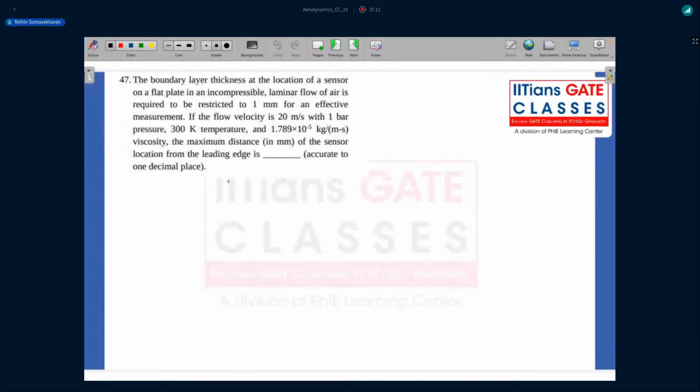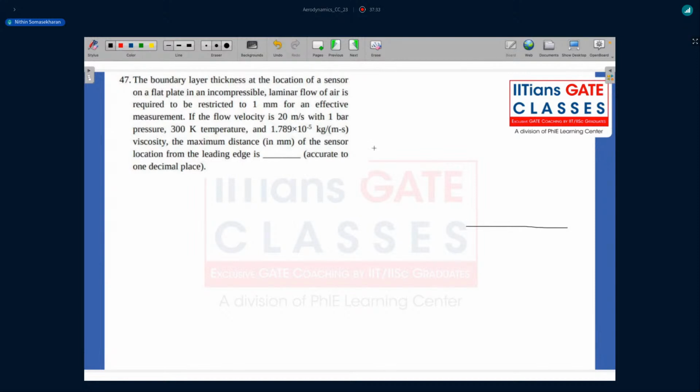Let's look at this problem. The boundary layer thickness at a location of a sensor on a flat plate in incompressible laminar flow of air is required to be restricted to 1 mm for an effective measurement. So what they're saying is you have a flat plate and you're keeping a sensor on the flat plate somewhere.